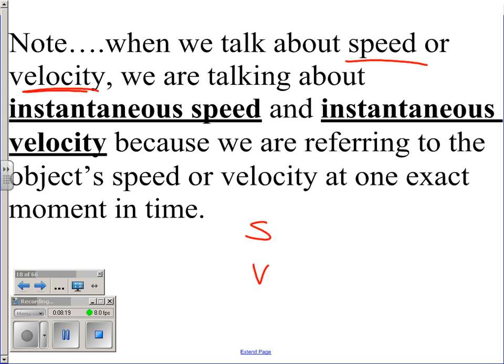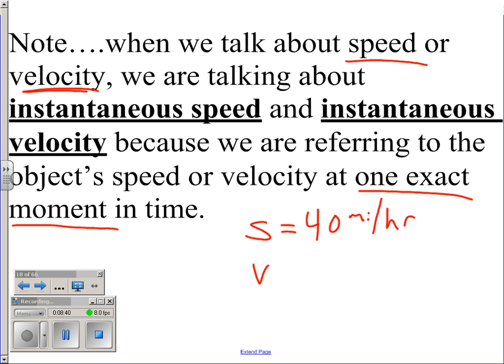Well, instantaneous speed and instantaneous velocity refer to the speed or the velocity at one exact moment. All right, so in other words, again, if we're driving down the street and I say to you, what's your speed? And you say, oh, I'm going 40 miles per hour, that's just your speed at that one moment when you looked at your speedometer, okay?